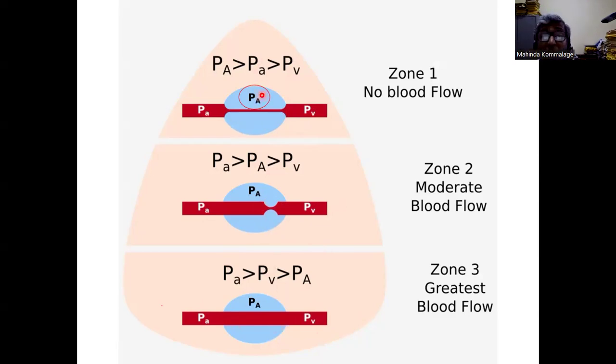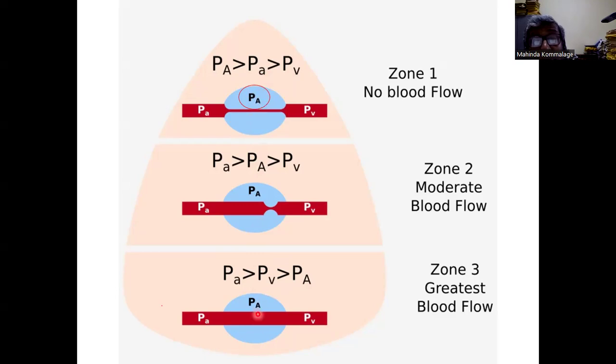Alveolar pressure means pressure exerted by the alveolar air to the blood vessels, because blood vessels are very, very closely associated with the alveoli, not like in other places. This alveolar pressure will compress the capillary, right?